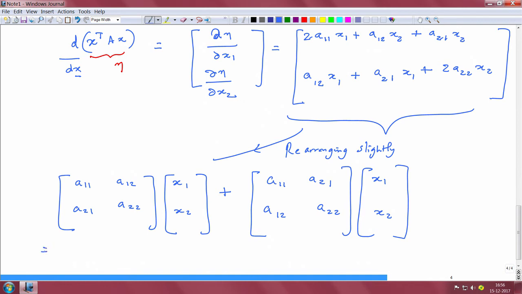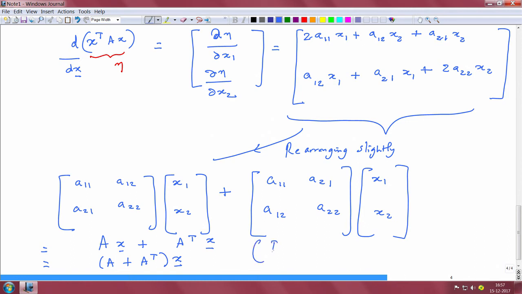I think this is straightforward to verify. So now this can be written as Ax plus A transpose x, which is basically A plus A transpose times x.